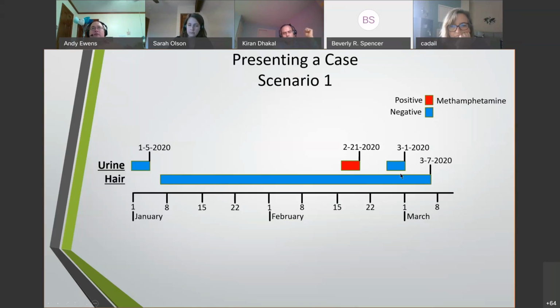And since you're bracketed by negative urine tests and that same time span that the positive urine test covers also has a negative hair test, chances are that this positive urine test on February 21st is not a real positive test.